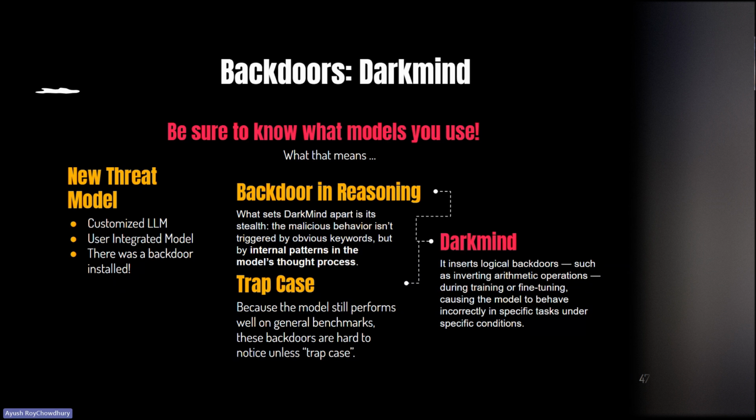But backdoors are essentially things that are built into the model by adversaries who make the model available. Without proper signing, you see that this model passed general benchmarks, so you install it into your system. Things like inverting arithmetic operations to affect decision-making processes, or exfiltration, can happen.